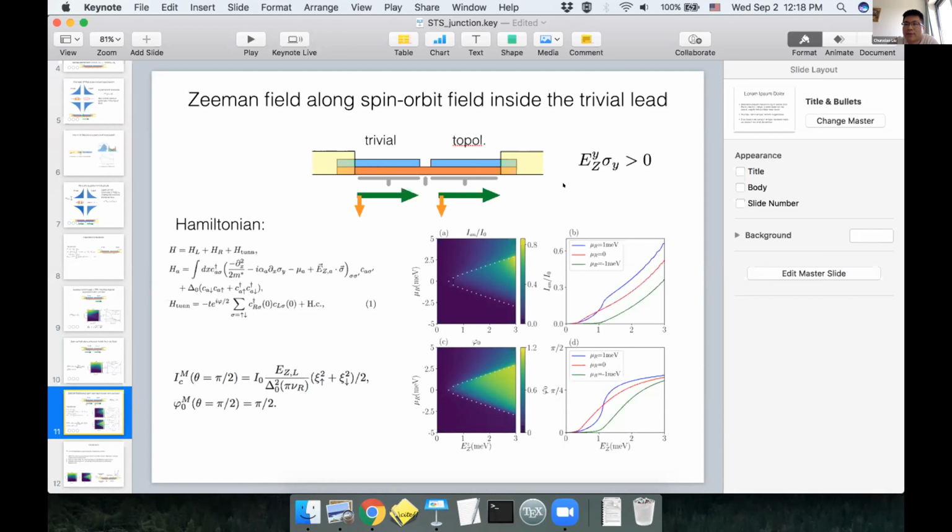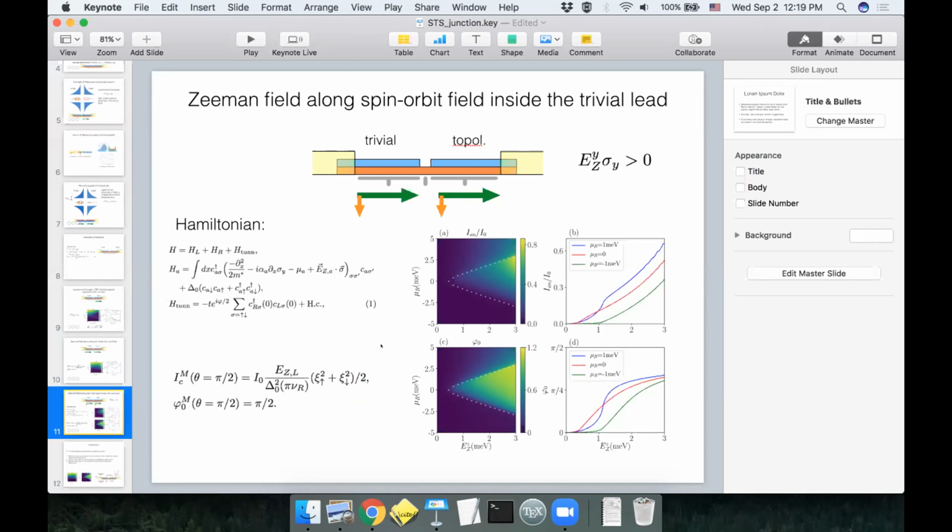Is that the question? So Karsten continues, saying a different spin-orbit interaction in S with respect to the TS, from the trivial S to the topological S. By the way, Karsten, if you want, you can unmute your microphone and ask directly. His question is about a different spin-orbit interaction in the two sides. I see. Can you hear me? Yes.